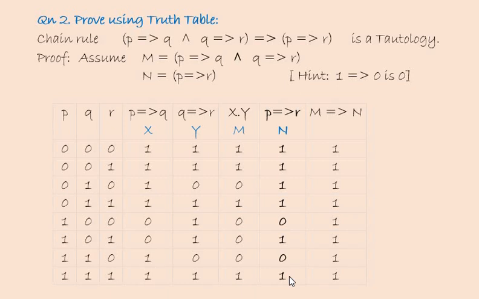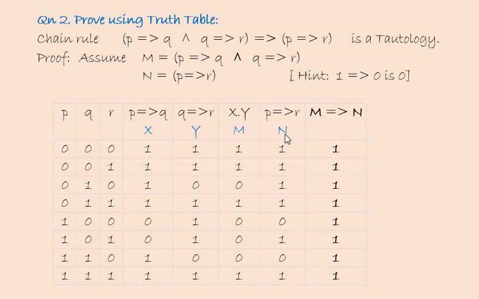And then we need to check M implies N. To understand M implies N, whenever M is 0, the output has to be 1 and it is 1. Okay, why?